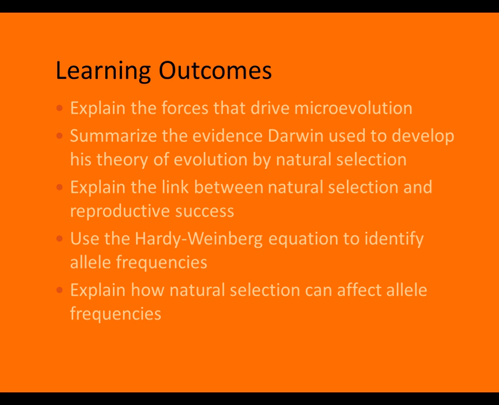We'll also look at, as a result of those changes, how an environment can push or naturally select a particular trait by different methods, including directional, stabilizing, or disruptive selection. And in addition to natural selection, we'll see how genetic mutation, gene drift, non-random mating, and gene flow contribute to this concept of evolution.